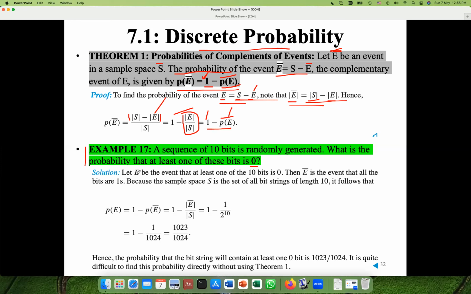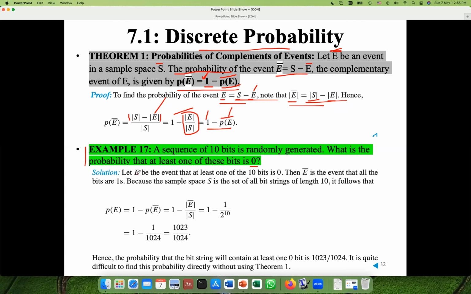For every question, not only this one, whenever the probability is asked, the event will be given to you, and information about the space will be given to you. So your first duty is to identify the event and the space.